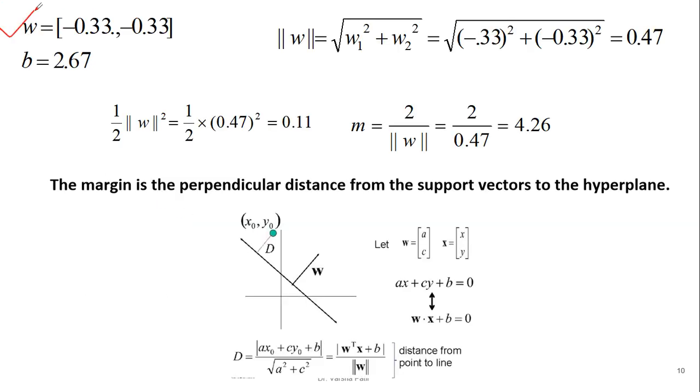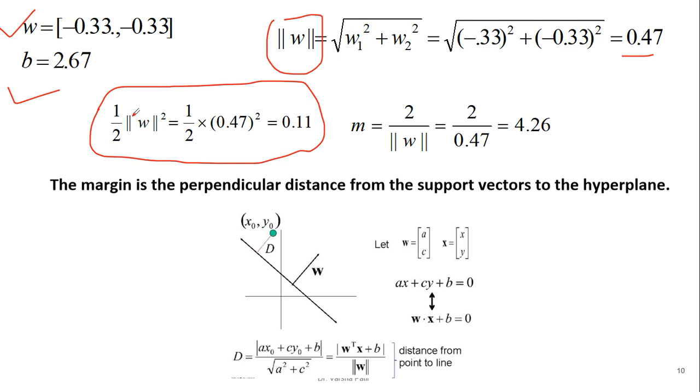Now this is the weight vector W, and this is the bias. Here we find the norm of the vector, which is nothing but the square root of W1 squared plus W2 squared, which is equal to 0.47. Our aim is to minimize this 1 by 2 norm of W squared, which is equal to 0.11.